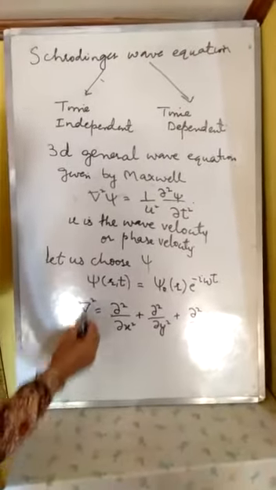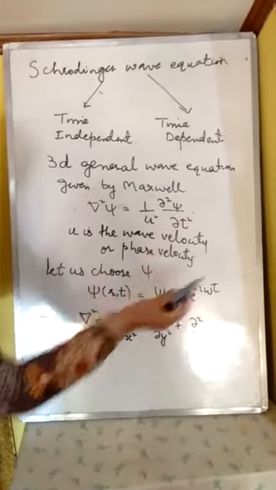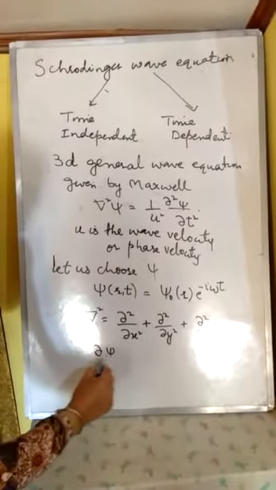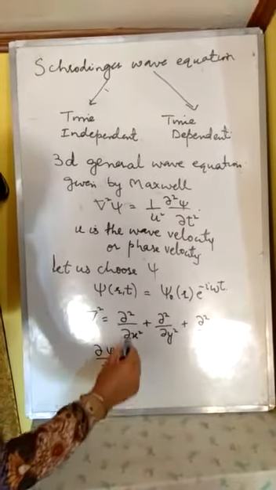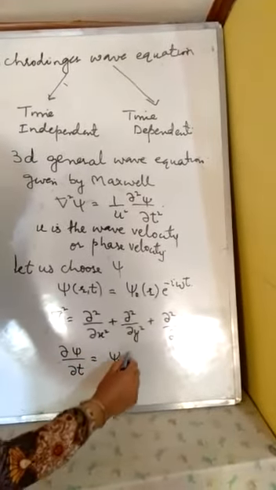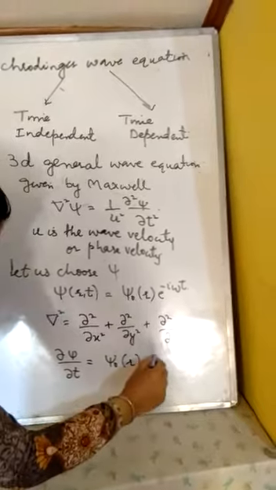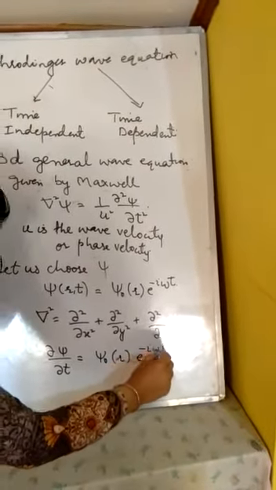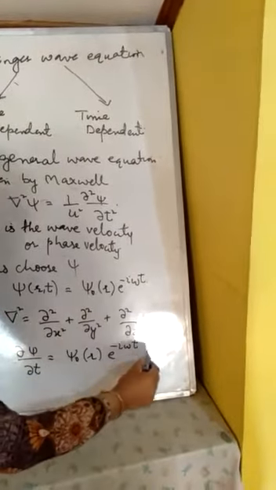Now, let us differentiate psi with respect to time twice. Dou psi by dou t is equal to psi naught of r e to the power minus iota omega t, and then this factor of iota omega will also come out.